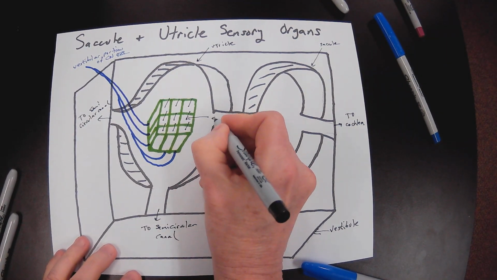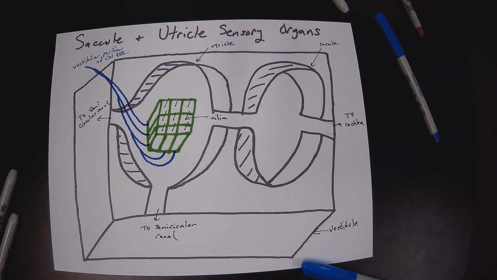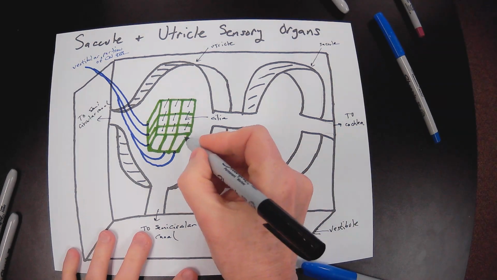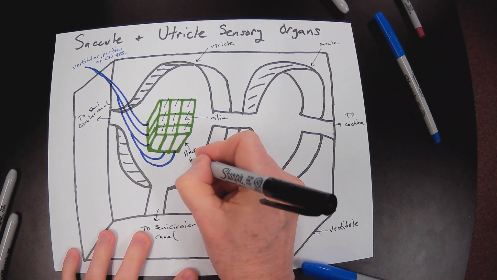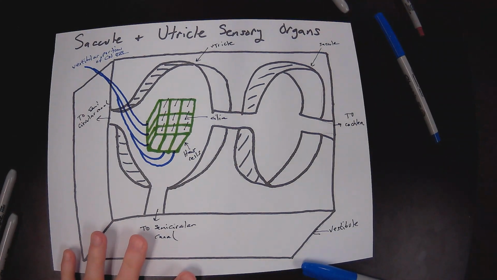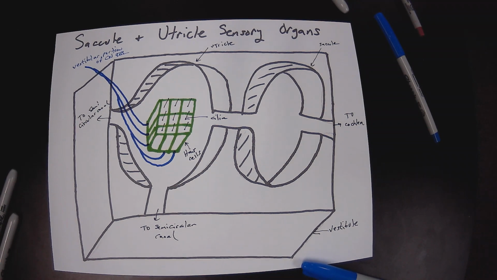Label that as cilia. Since each of these tall cells has cilia, they're called hair cells. Hair, H-A-I-R. They're called hair cells because they have cilia sticking out of them.